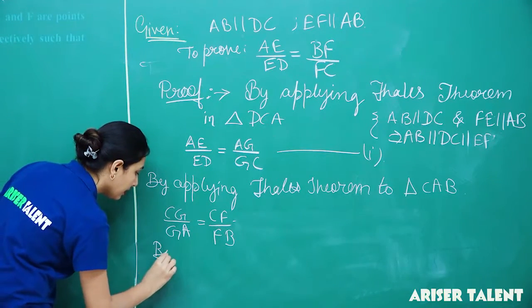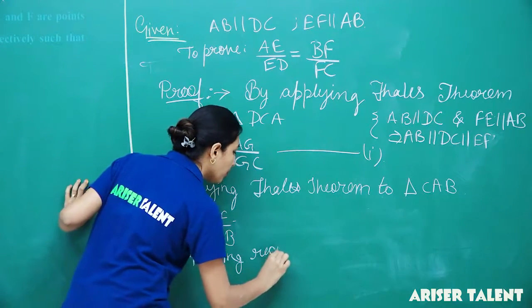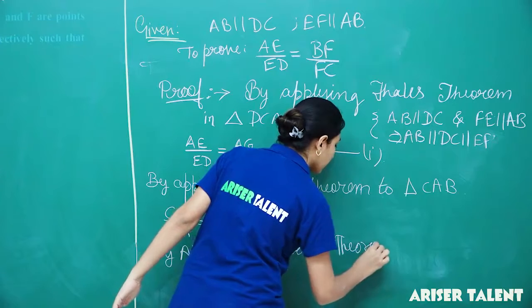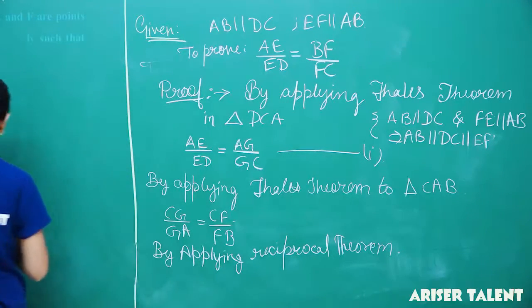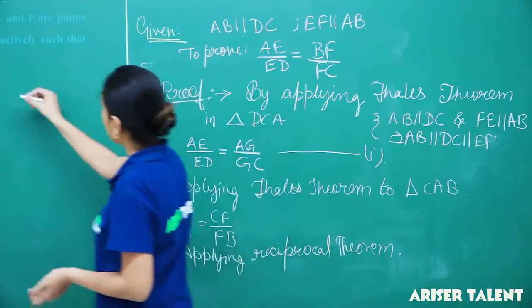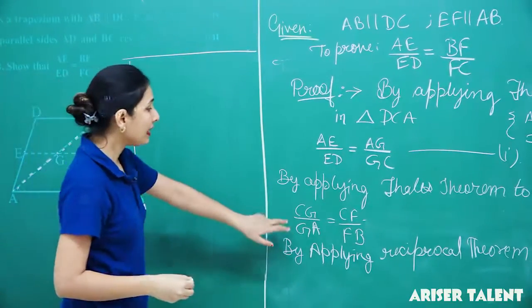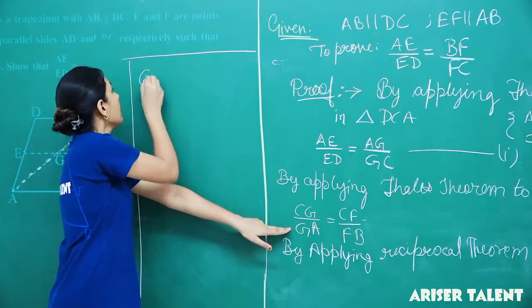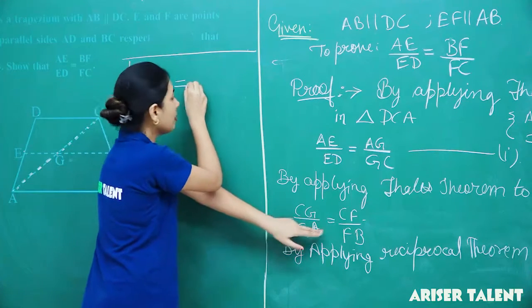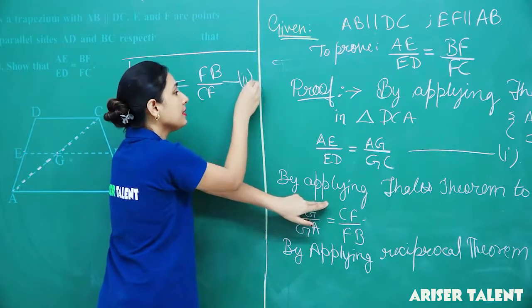By applying the reciprocal theorem, what we will get is GA by CG will be equal to FB by CF. Now name it equation second.